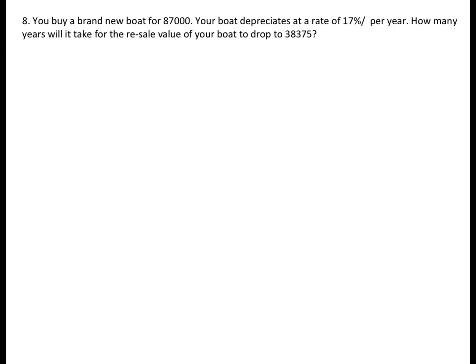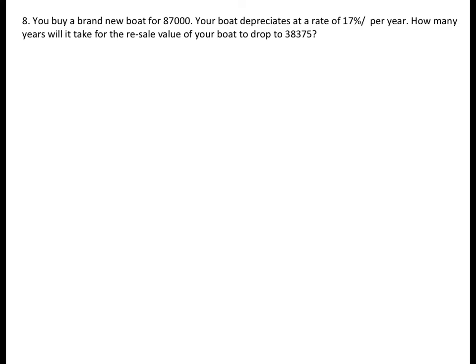Next question. You buy a brand new boat for $87,000. The cost is $87,000. It depreciates at a rate of 17% per year. How many years will it take for the resale value of the boat to drop to $38,375?